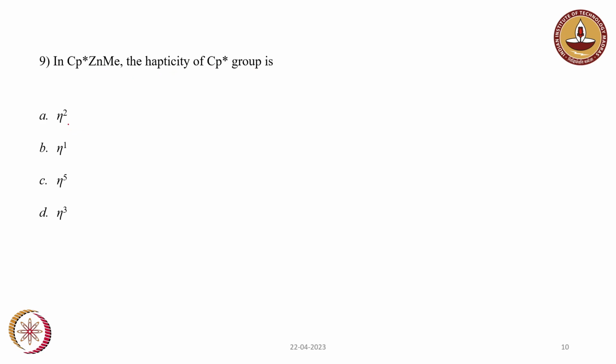Option A, eta 2, option B is eta 1, option C is eta 5, and option D is eta 3. So the number eta, which is hapticity, is predicted by 18 electron rule. Zinc has d10 s2 configuration.